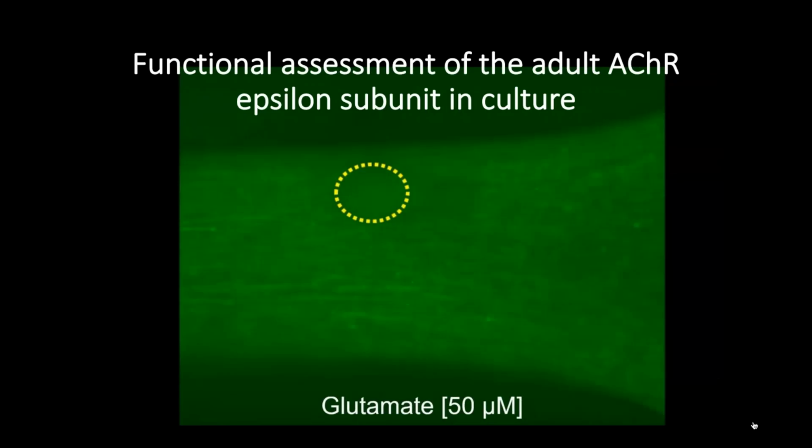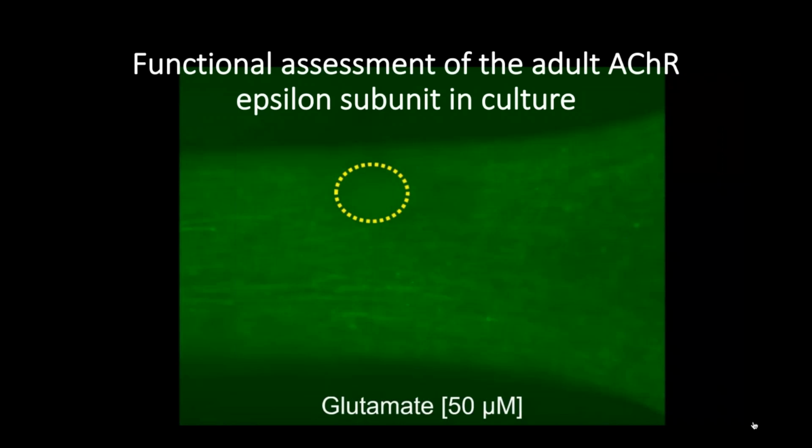So we then looked to see whether we could find any evidence that we were getting functional integration of this epsilon subunit in our culture system. And again, we went back and took advantage of our GCaMP calcium reporter expressing cells.